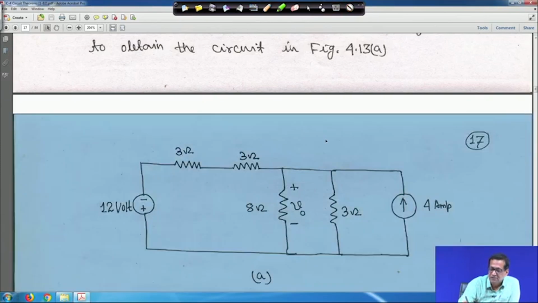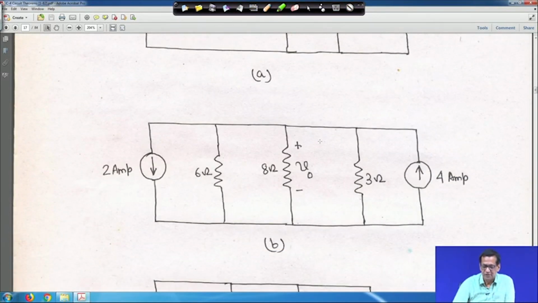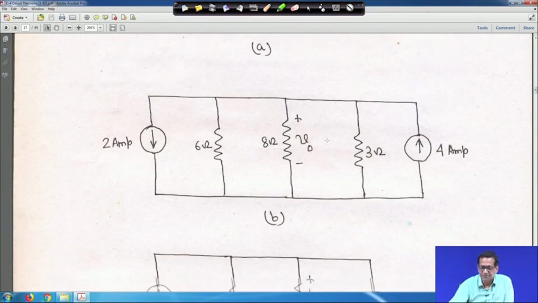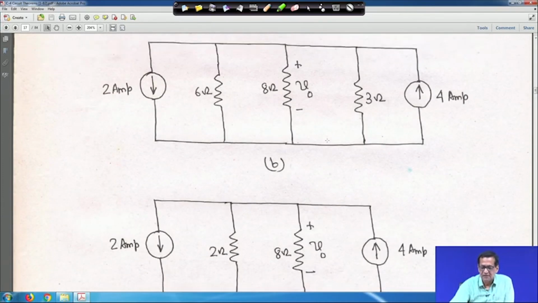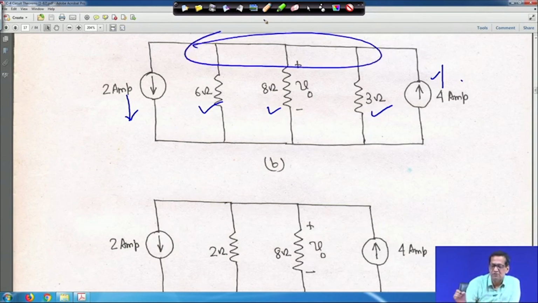If you go to the next one, here let me go a little bit up. This is the 2 ampere downwards, and this is 4 ampere upwards. Now all three are in parallel, because this is the common node, no electrical elements are connected here.